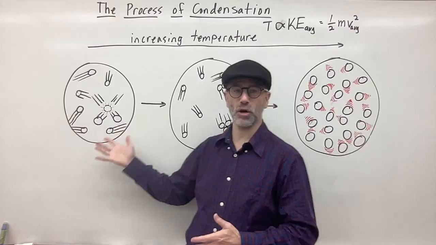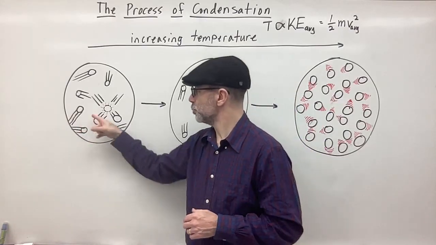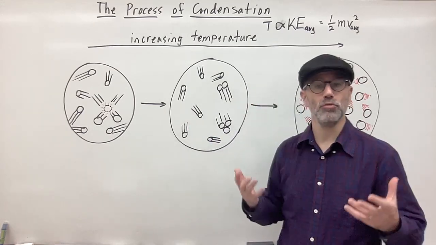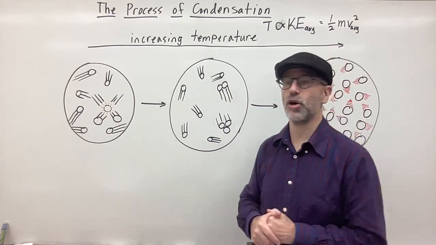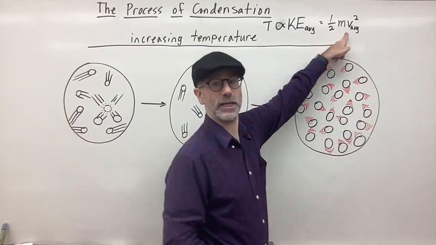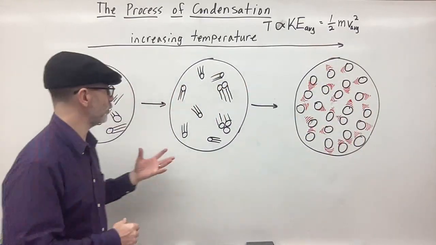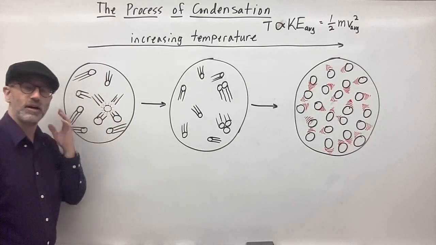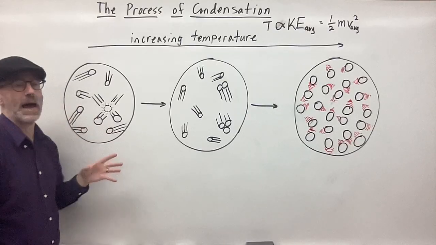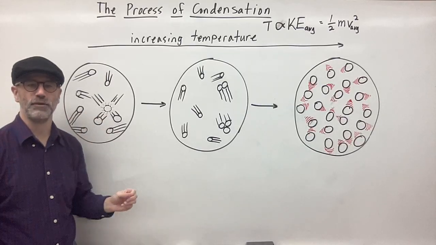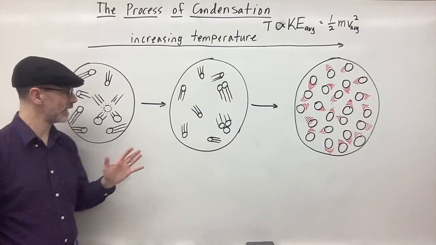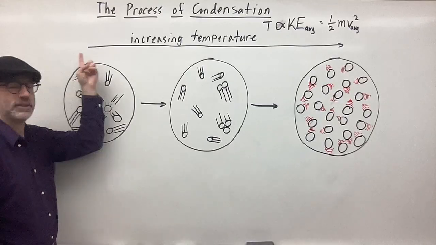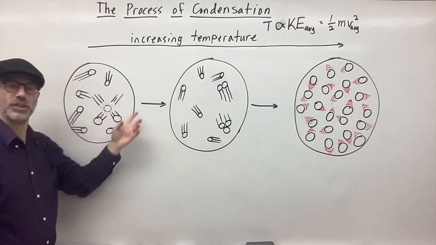Let's assume that these are water molecules, so each circle represents a water molecule, and they're bouncing around at a relatively high temperature, meaning they're moving at a relatively high average speed. Now, average means that these are an average of the particles' motion. Every particle is not moving at exactly the same speed. That would be really interesting if that was the case. But each particle is moving at different speeds, so we take the average. So the temperature is the average speed.